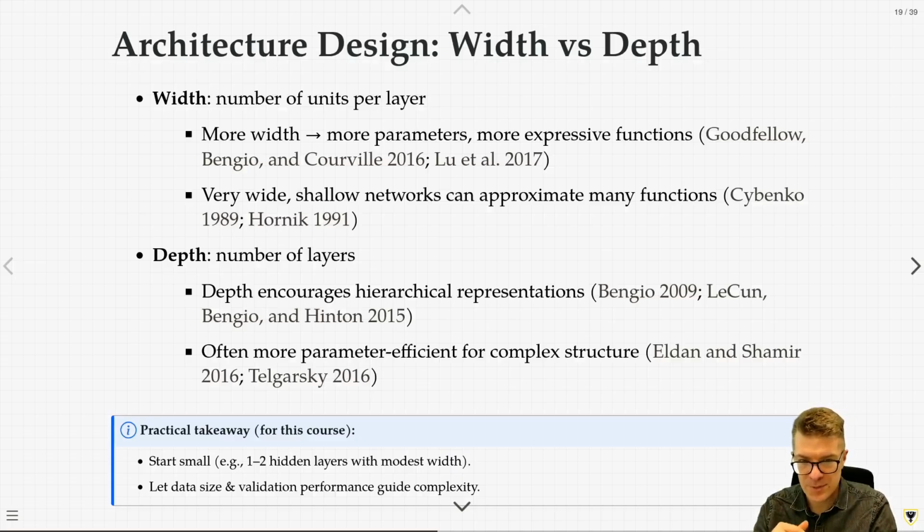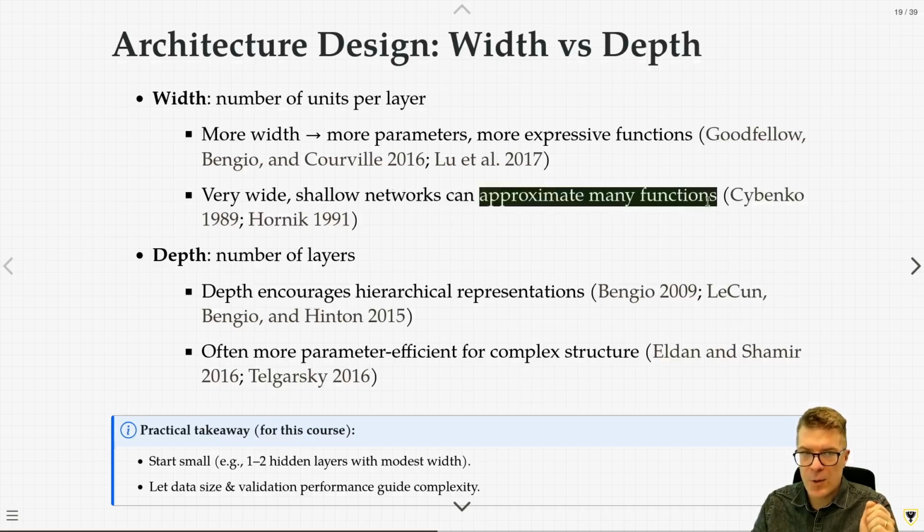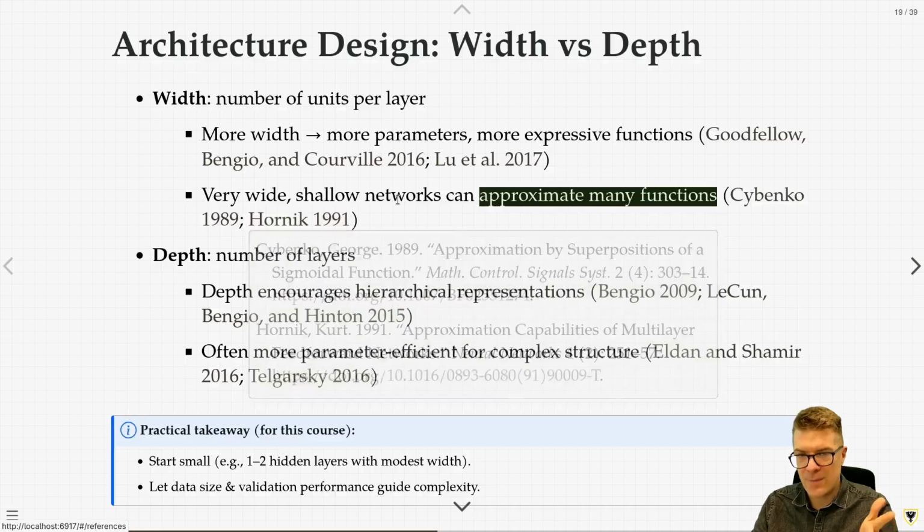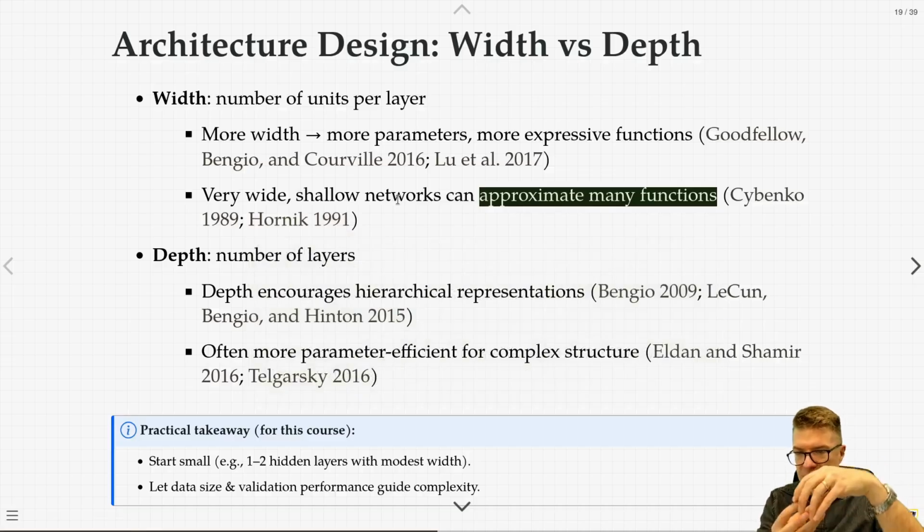And these other papers suggested that deeper neural networks can also be more parameter efficient for complicated structure. What that means is, if you want to learn something that can approximate many functions, like we know that wide networks can, it's more parameter efficient to represent those functions in terms of more layers, not more neurons per layer.